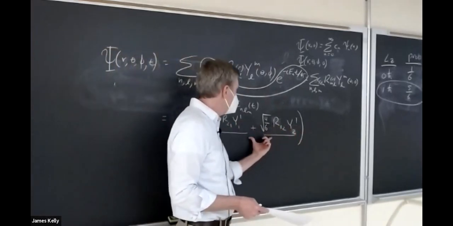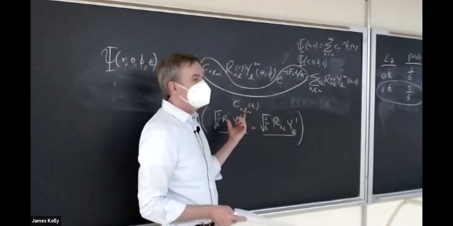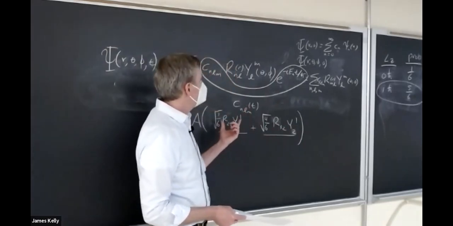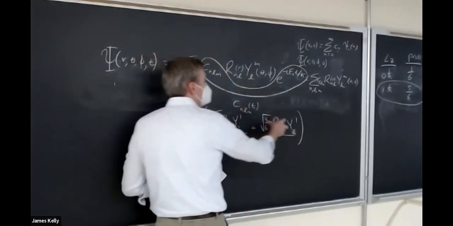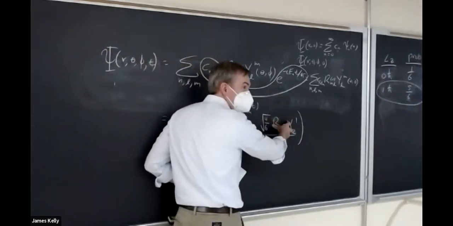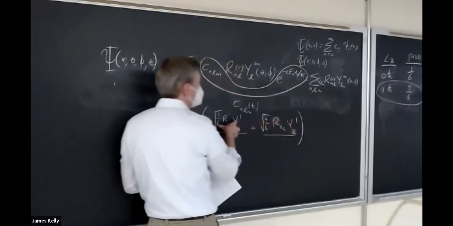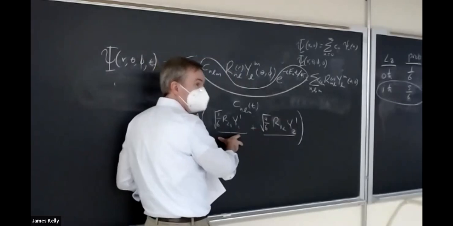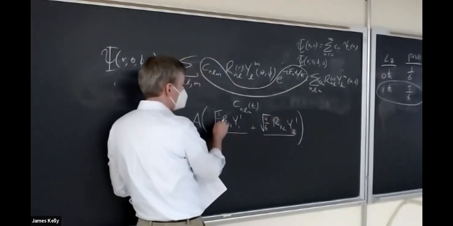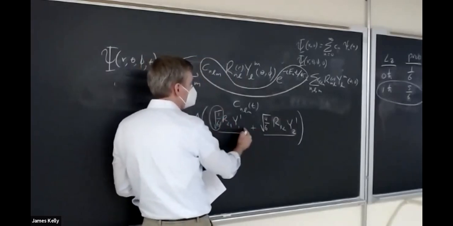And so when I take the magnitude squared of this and integrate over all space, this one star times this will give 0 when I integrate over all space. And this one star times this will give 0. It's only the magnitude of this one squared, which will integrate to 1, because we're already saying these were normalized.